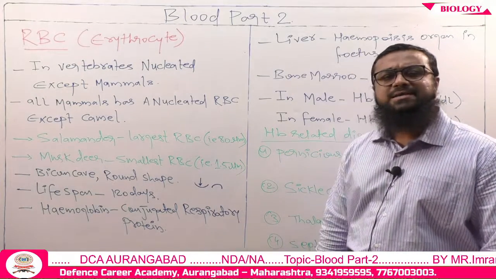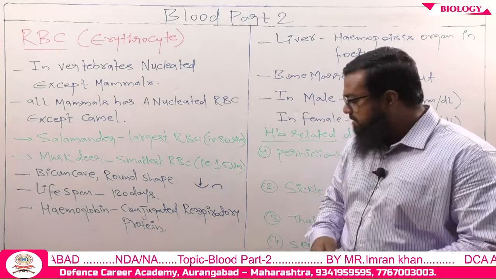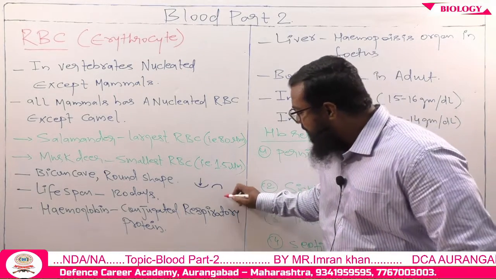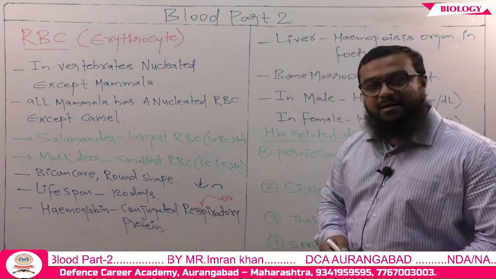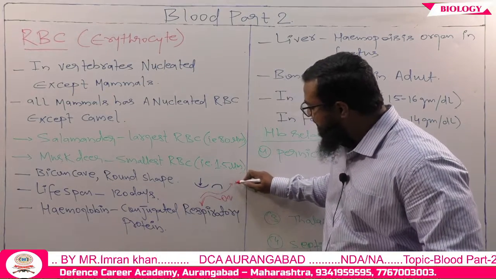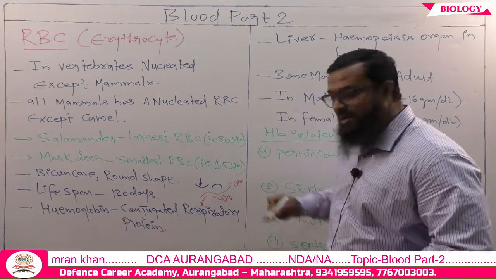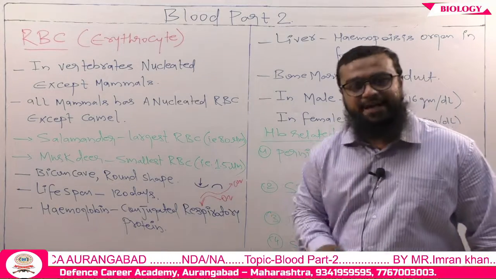Why is it called an integrated conjugated respiratory protein? Because the attachment of O2 and the release of CO2 take place from the HB only.